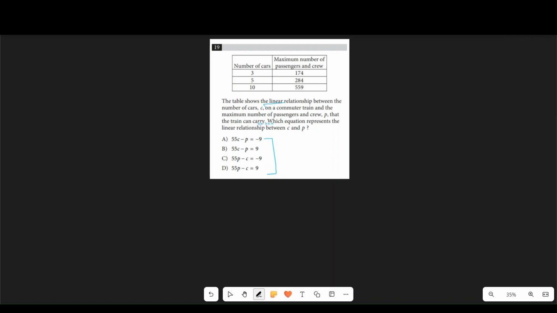An important thing to note is we also want to identify which one of these variables is the independent and dependent variable. So they tell us that when you change the number of cars, you can have a differing number of maximum crew and passengers.